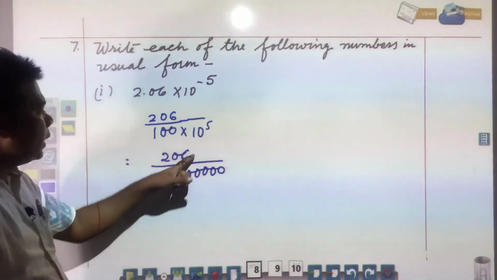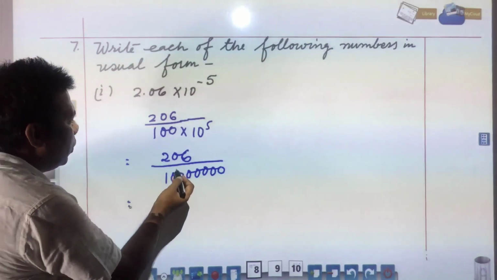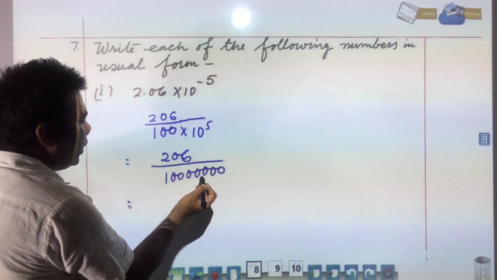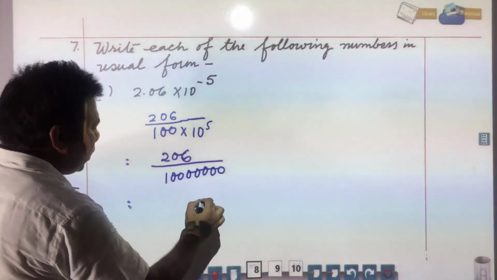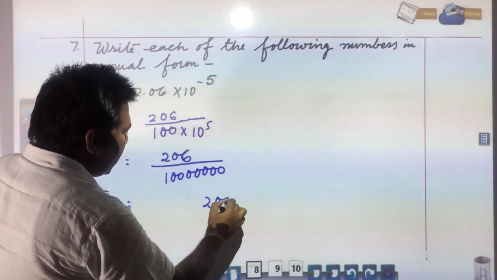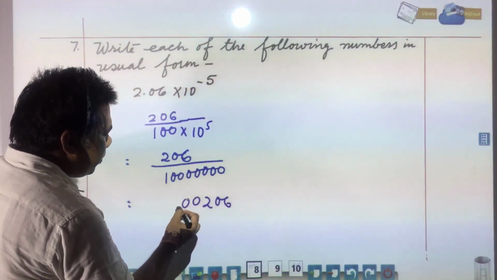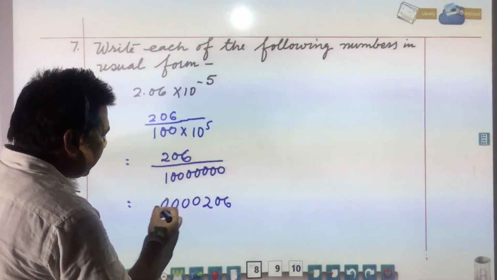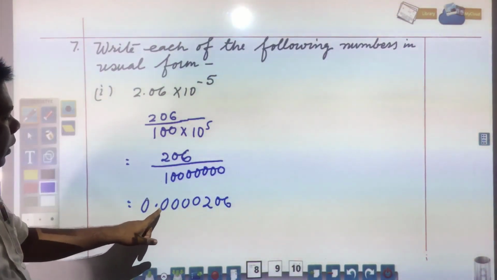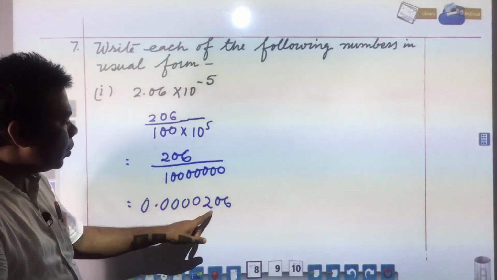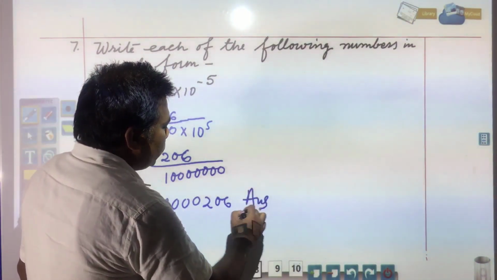Now, this is needed to be converted into decimal. So, what you will do? 1, 2, 3, 4, 5, 6, 7 digit you have to come leftward. So, you have 206, 1, 2, 3, 4, 5, 6 and 7, then you put decimal. So, this can be written as 0.0000206 and this will be your answer in usual form.